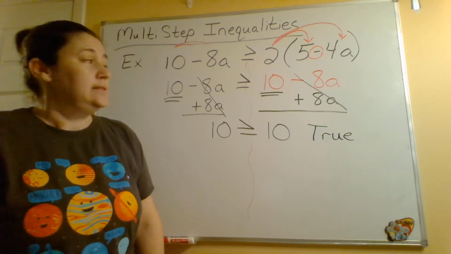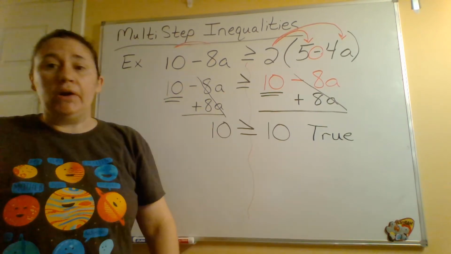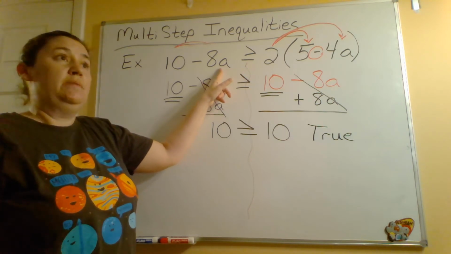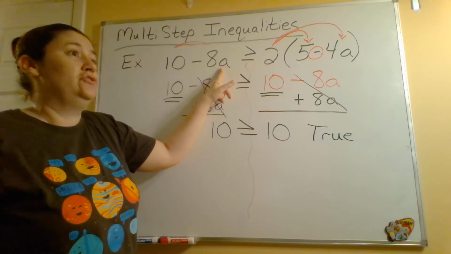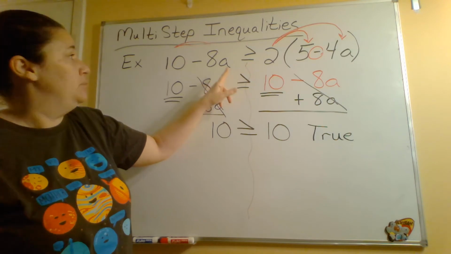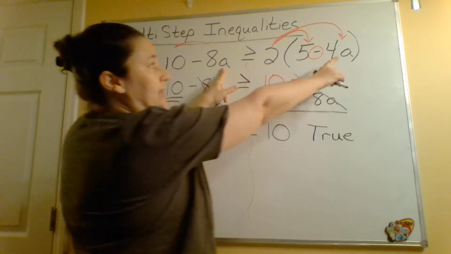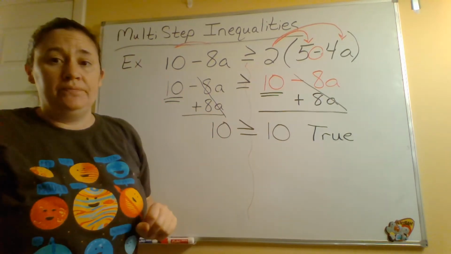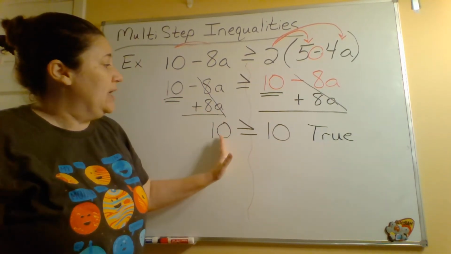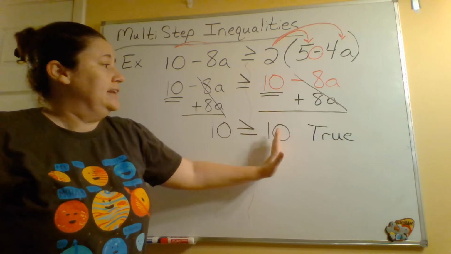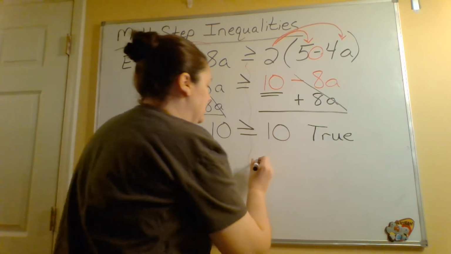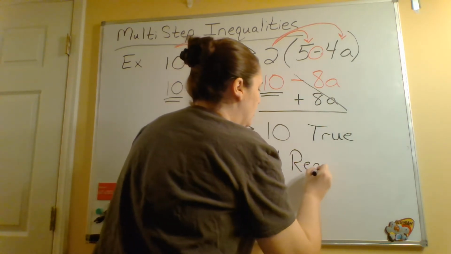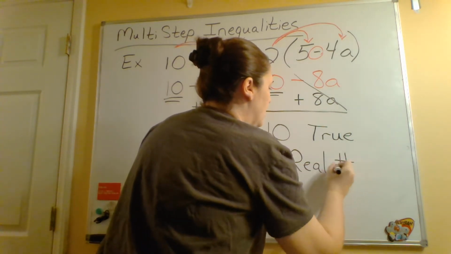What that means is no matter what number I put in for a, any number I want, it could be negative 4,600,000.25, and I put it here for a and put it here for a, this will be a true statement. That means when you get an inequality at the end and it is a true statement, the answer is all real numbers.